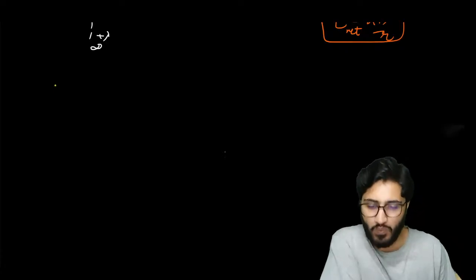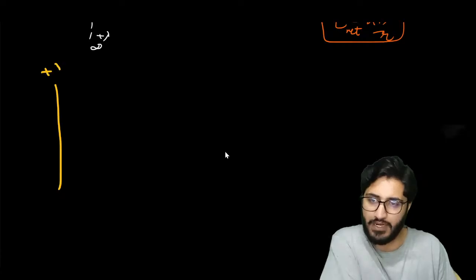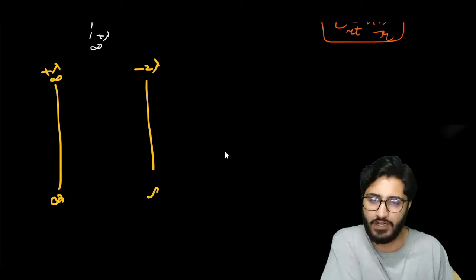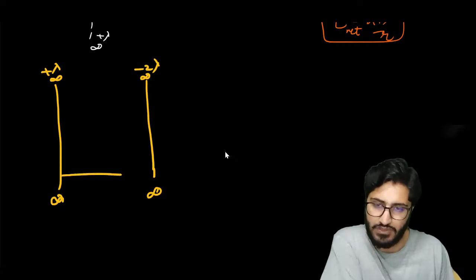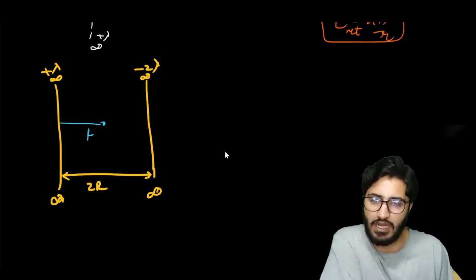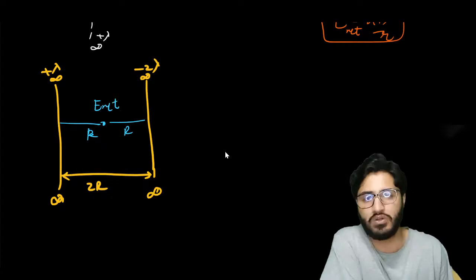We have one rod with plus lambda density and one more rod with minus 2 lambda density. Both are infinite. The distance between them is 2r, so at the central point it is r and r. Find the electric field net.